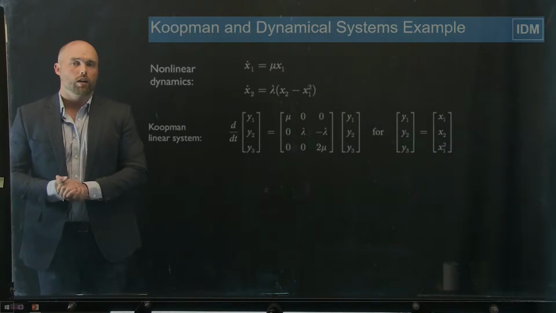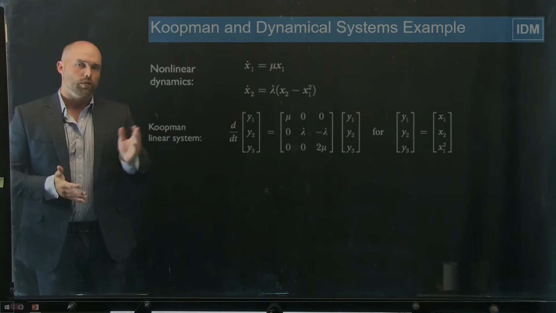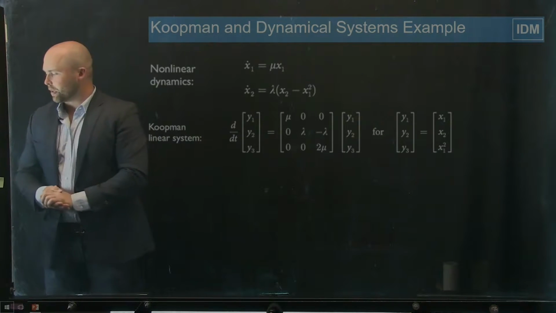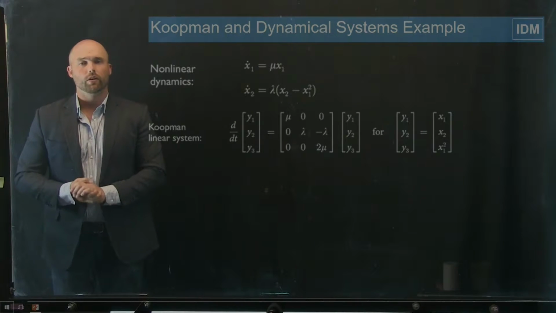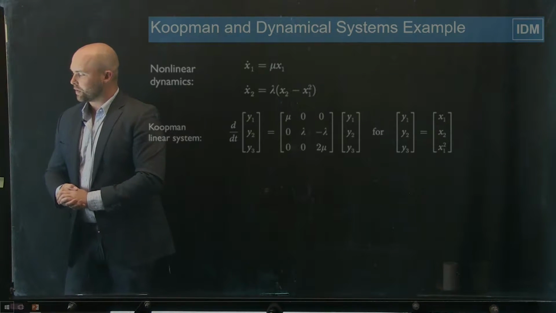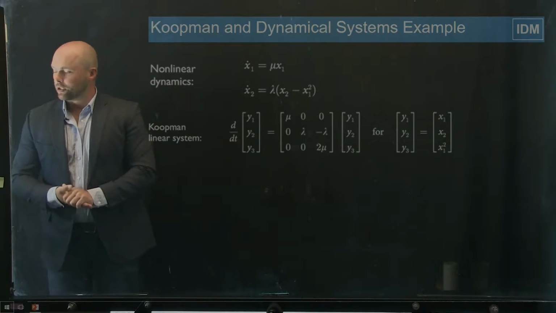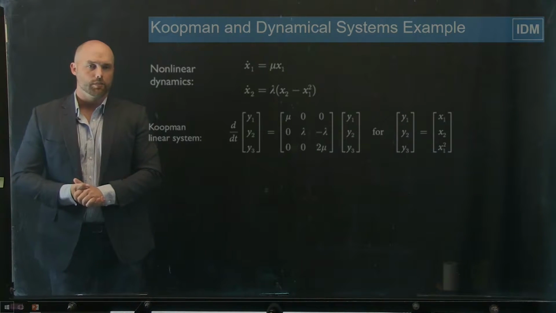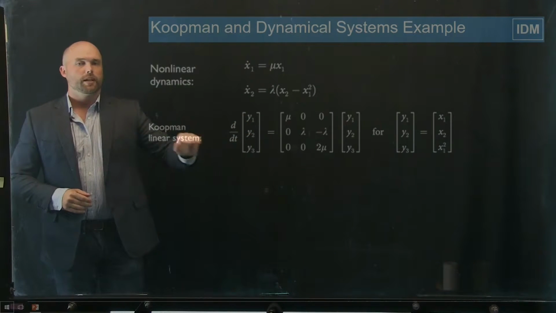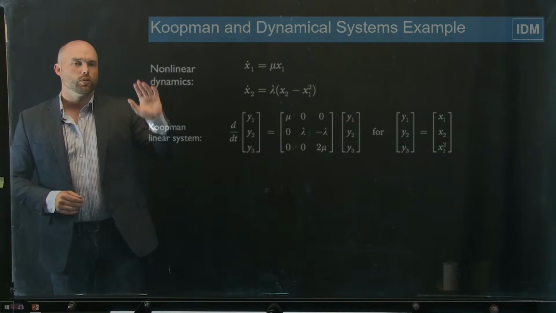Now, this is related to Carleman linearization, but we're framing it in terms of Koopman operator theory. And this is actually at the basis of another article where Steve Brunton is the first author, published in 2016 in PLOS One, titled Koopman Invariant Subspaces. But this is an interesting perspective. You go from a nonlinear system to a linear system.